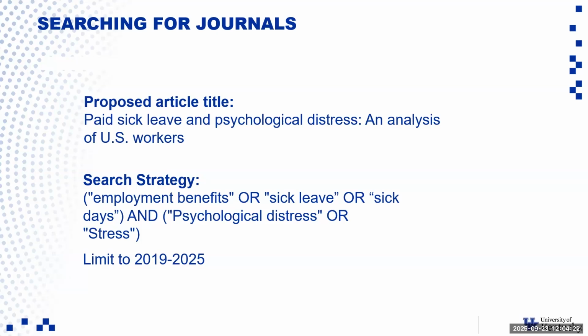Workers. So once we perform the search, we may want to use filters in the databases to limit articles to the past 5 or 10 years to make sure that we're focusing on finding journals that are currently publishing and that have been publishing on this topic in the recent history.